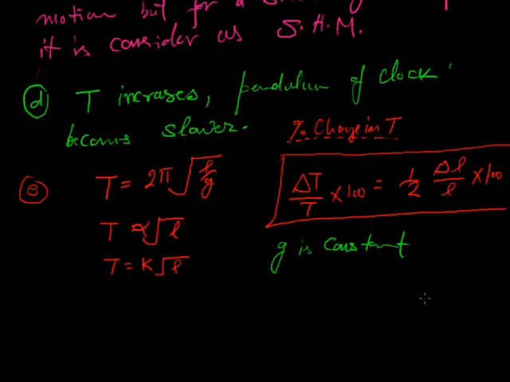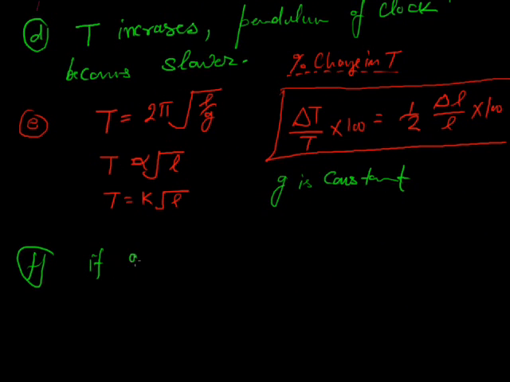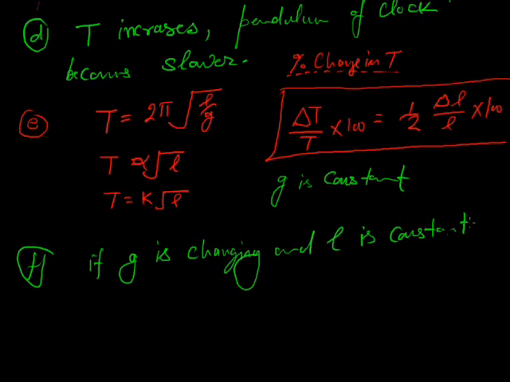If g is variable and L is constant, g is changing and L is considered as constant, then delta T by T into 100, this is the change in time period, will be equal to minus, because it is inversely proportional, so the power will be negative. तो हम कह सकते हैं कि T is proportional to 1 by root g, और T is equal to k g raised to the power minus half.